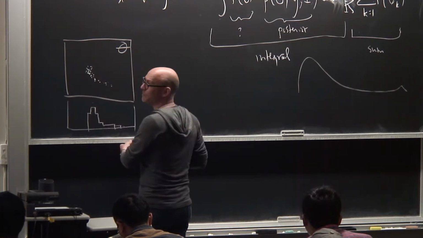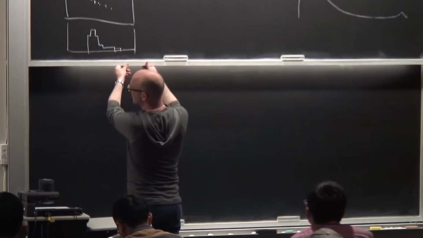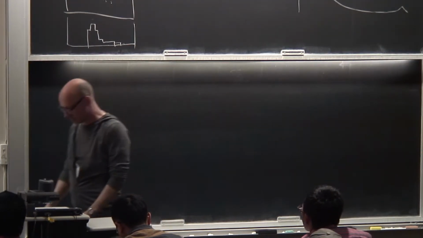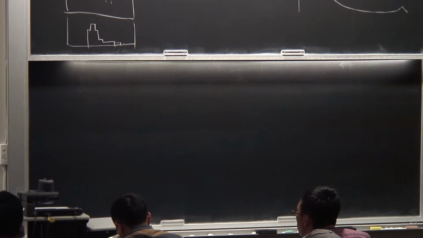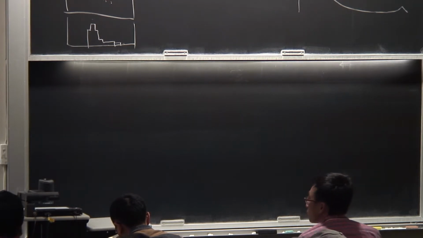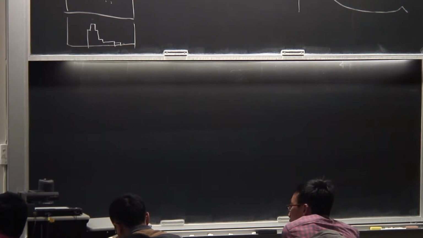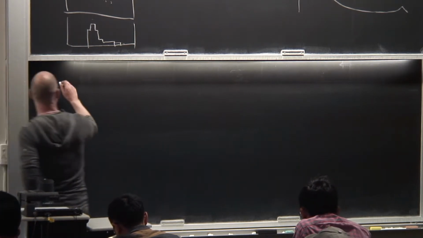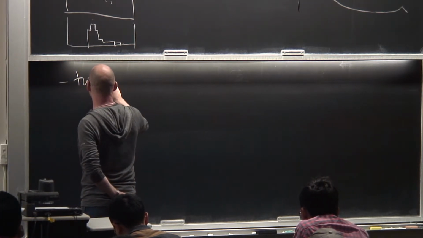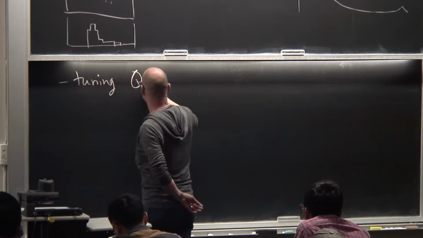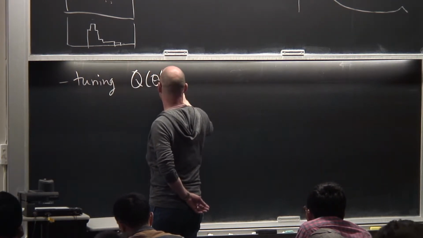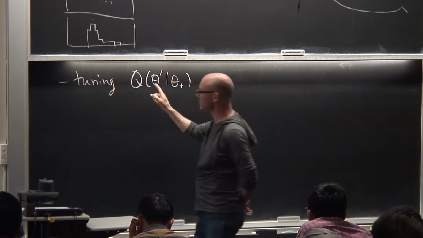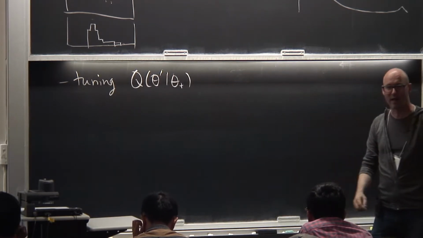But good samplings are hard to get. And the reasons are several. So what are the hard things about doing MCMC? The first thing is this Q is too wide, Q is too narrow. There is a problem called tuning Q of theta prime given theta t. You need to tune this function to make it work well.